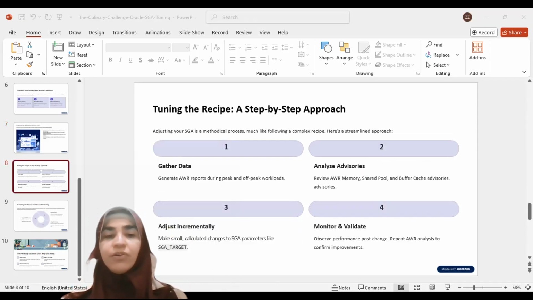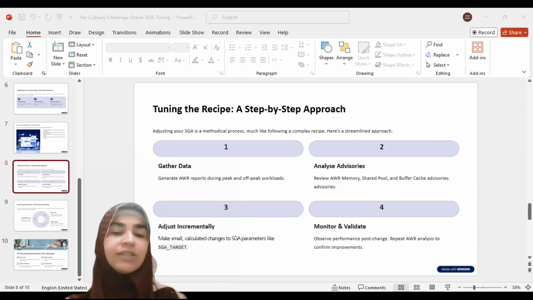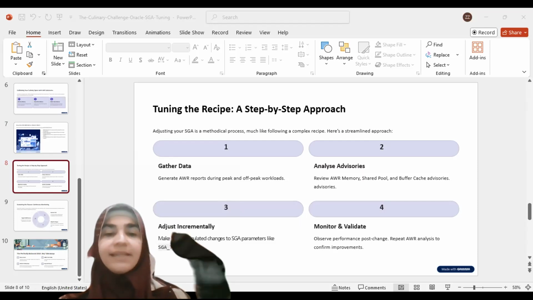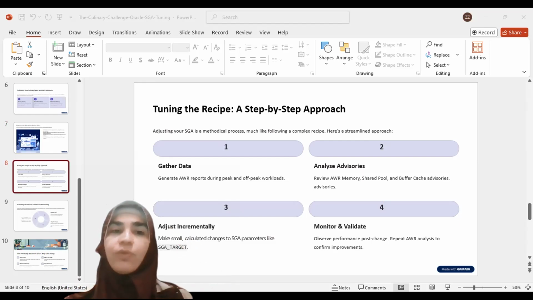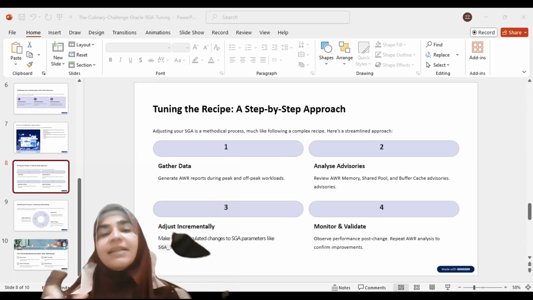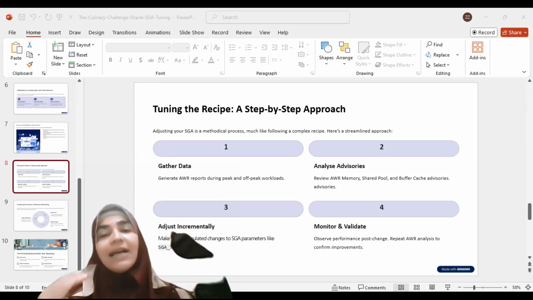Tuning the recipe, a step by step approach. Now let's put this into a recipe you can follow. Step 1, gather data. Generate AWR reports during the peak and off peak hours. Step 2, analyze the advisories. Look at memory, shared pool, and buffer cache recommendations. Step 3, adjust incrementally. Don't make huge jumps. Change SGA parameters like SGA_TARGET gradually.